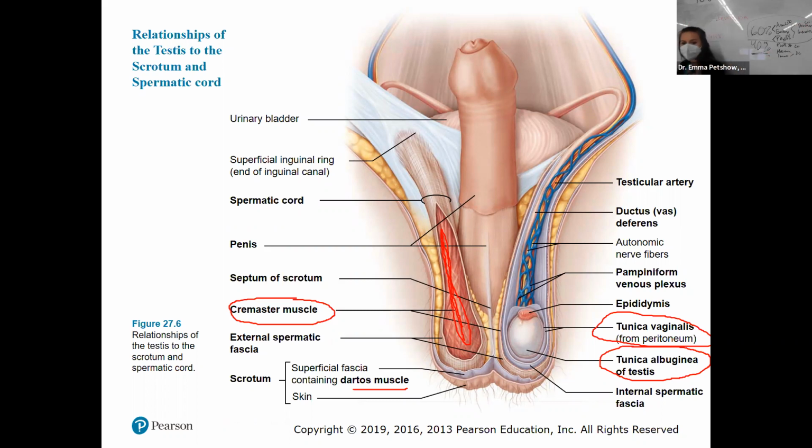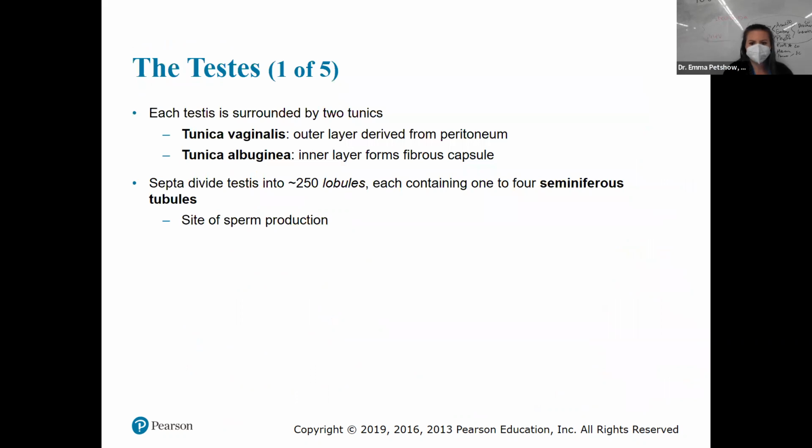So if you can think about vaginalis being external and albuginea being internal, then you can recognize where it comes from and what it does. You just need to remember which one's external versus internal. There is also the septum of the scrotum that separates the two sides from each other. And then you have your epididymis and your seminiferous tubules. I don't know if it's on this picture. We'll go to the next one.